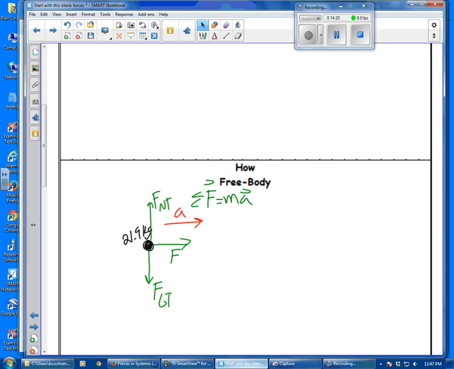So there I've plugged into my equation, right? Do I care about the x or the y direction? The x direction. So I only have one force to put in mathematically. 21.9 kilograms times A. And I think they tell me F, don't they?